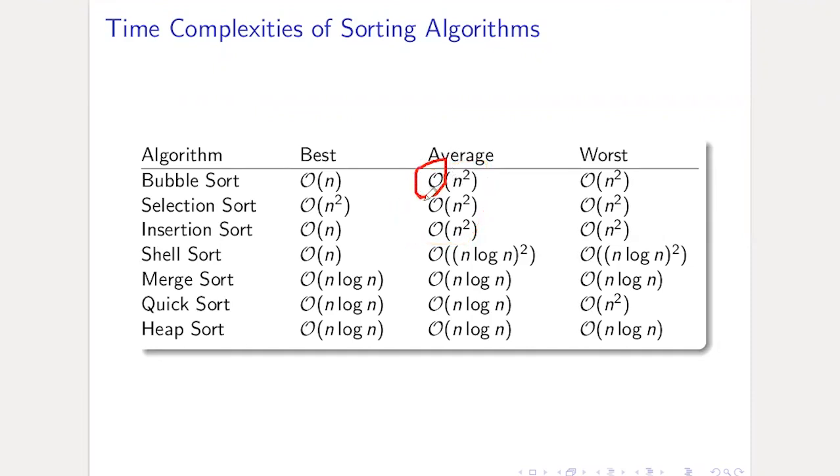Big O is an approximation. So selection sort is faster than bubble sort, and insertion sort could be faster than selection sort. And then merge sort, quick sort, and heap sort are all n log n, whereas shell sort is n log n squared. So those are the time complexities.